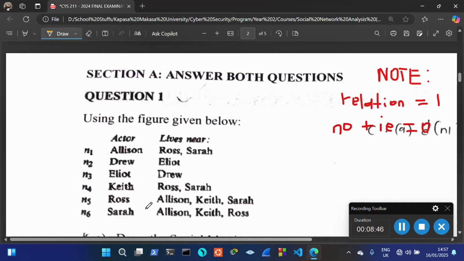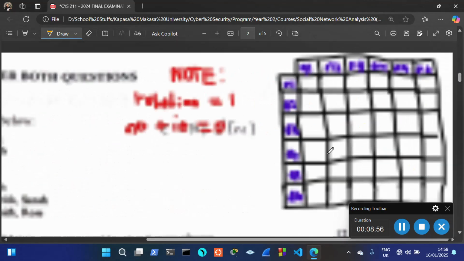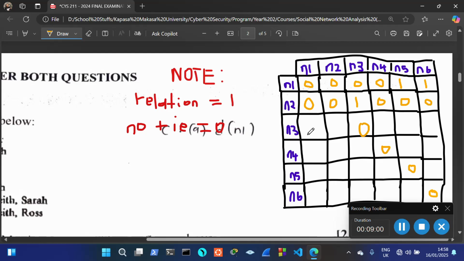Coming to N3, who is Elliot, has a relation with Drew, who is N2. So at N3 we put a 1 where there is a relation with N2. The rest are zeros.